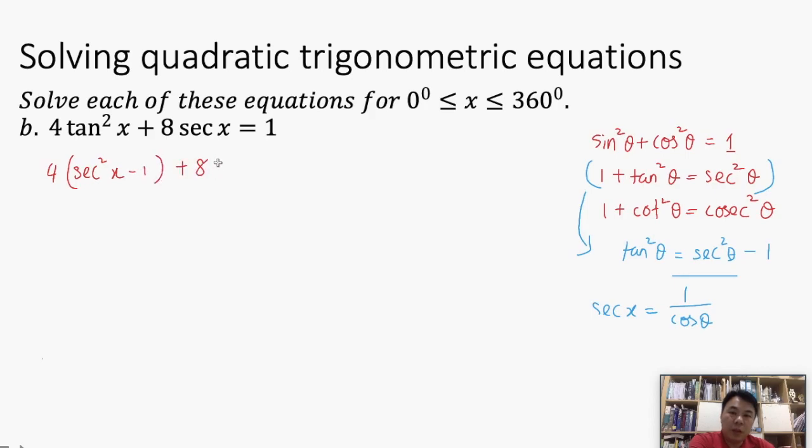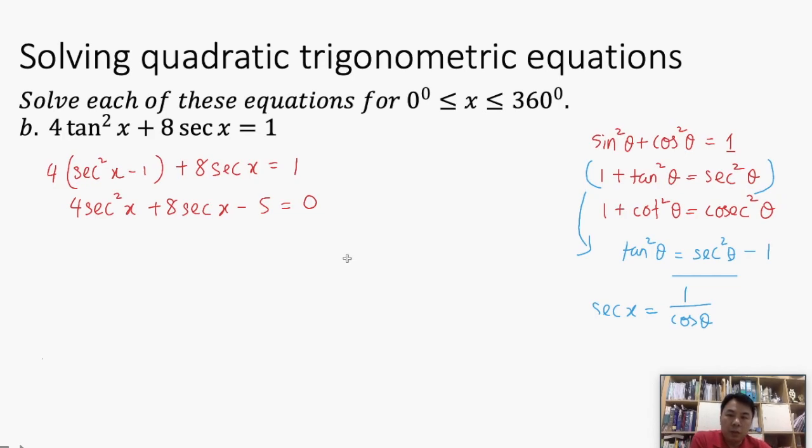Then plus 8 secant x equal to 1. Okay, that will be more like it. Then that will give me secant x plus 8 secant x, and then if I try to solve everything, that should be minus 5 here. So minus 4 minus 5 here.